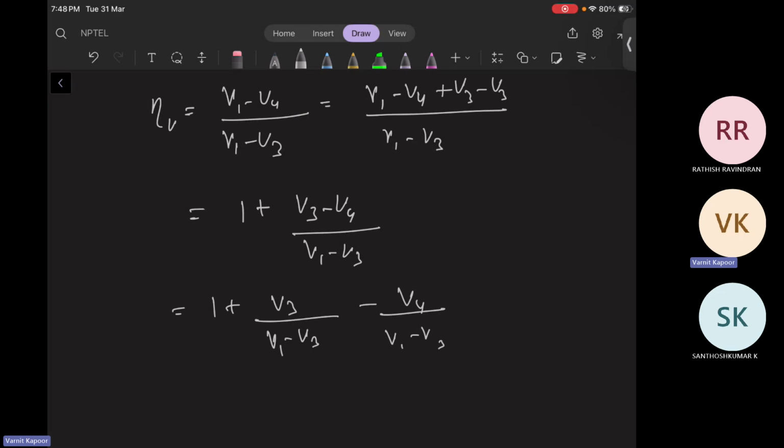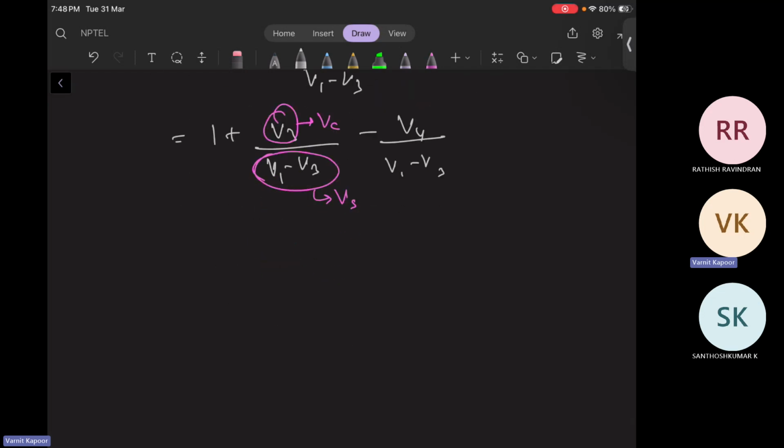Swept volume was from 1 to 3 and clearance volume was Vc. So this was your clearance volume Vc and this was your swept volume Vs, as we have seen. So this is your clearance ratio, as we have seen in IC engines as well. So this is 1 plus C, minus, again here you can do the same: multiply and divide by Vc, and this is nothing but your V swept.